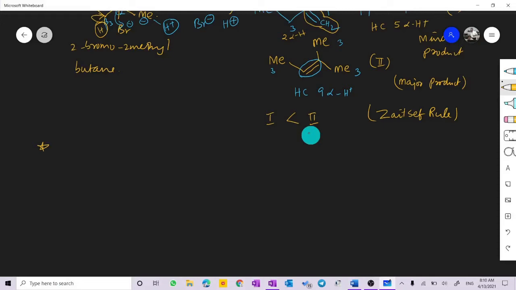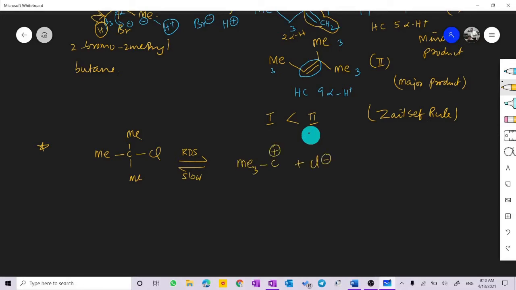Say for example, if you take the same compound, tertiary butyl chloride. Suppose in the first step, the RDS, that is the slow step, is the formation of the carbocation. So you have Me3C+ formed, plus Cl-.